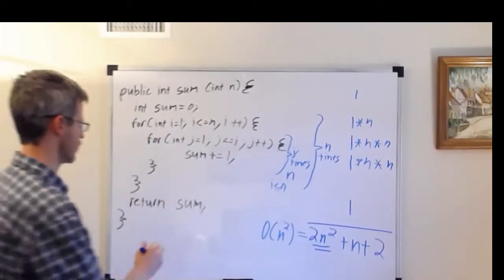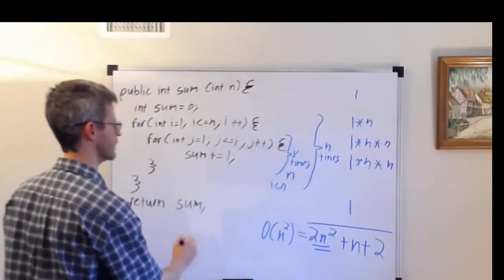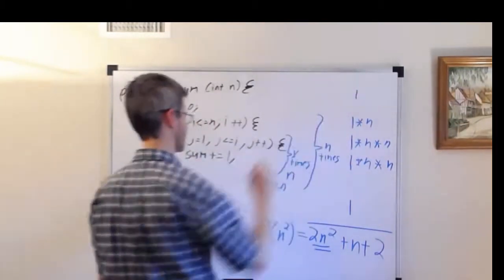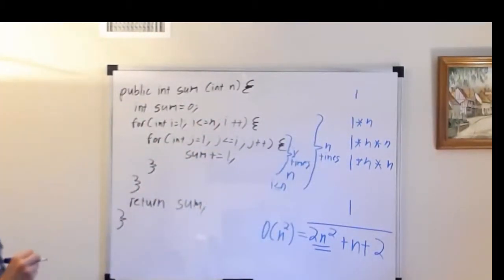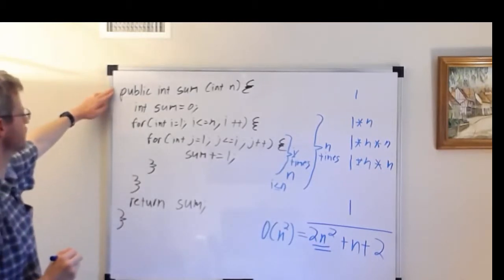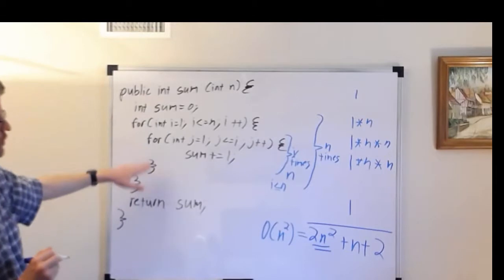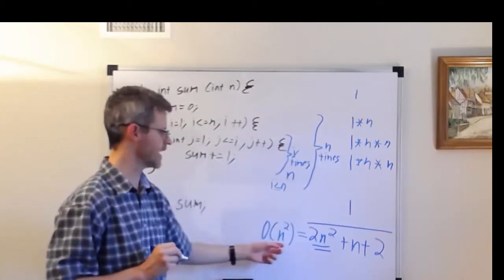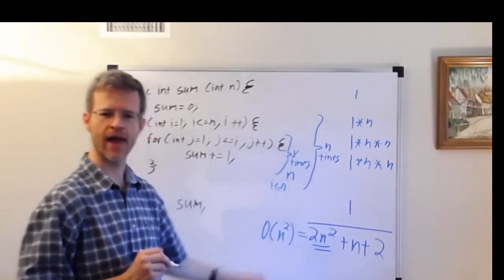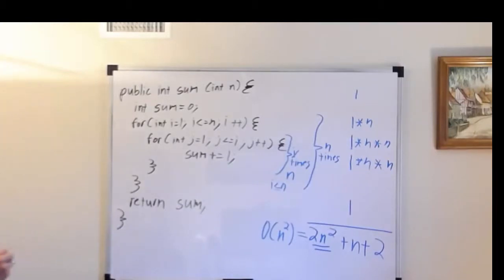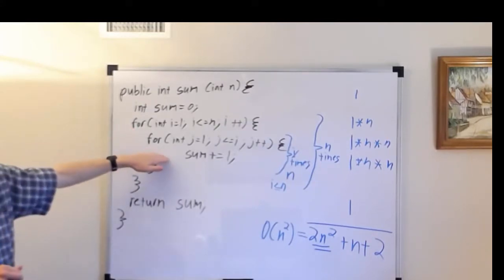And so it grows with a curve that is relatively sharp like that. So then we see that this implementation of the sum function, the one with 2 loops, has a runtime of O(n squared). And indeed, generally any time that we have 2 loops, the runtime will be O(n squared) when we have a loop within a loop like this.